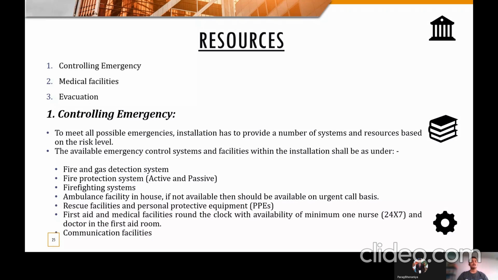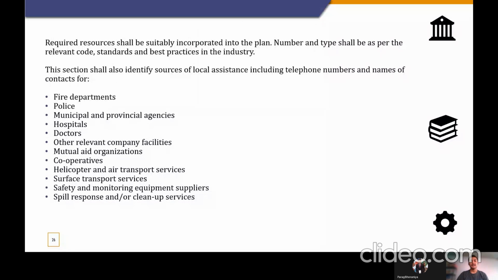Okay, now required resources shall be suitably incorporated into the plan, and there are guidelines, and some of the relevant codes, standards and best practices are provided to the industry by organizations such as PNGRB.